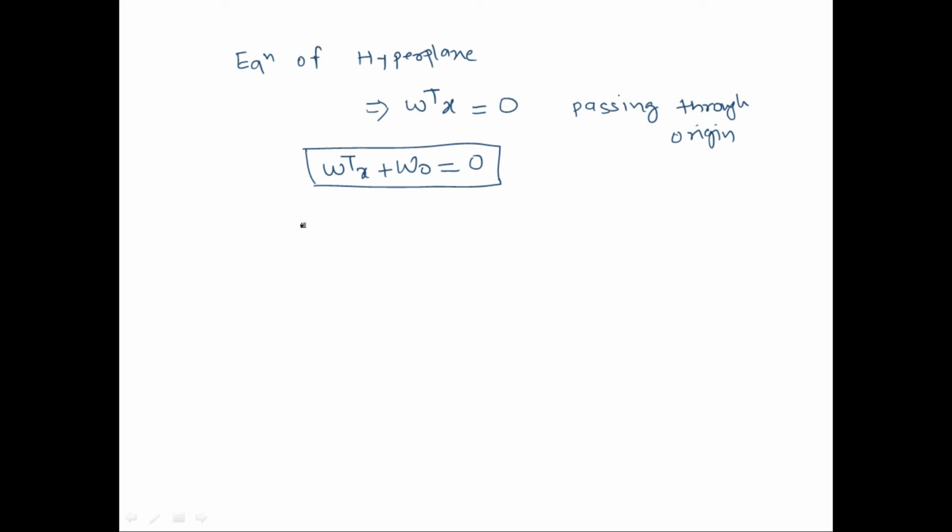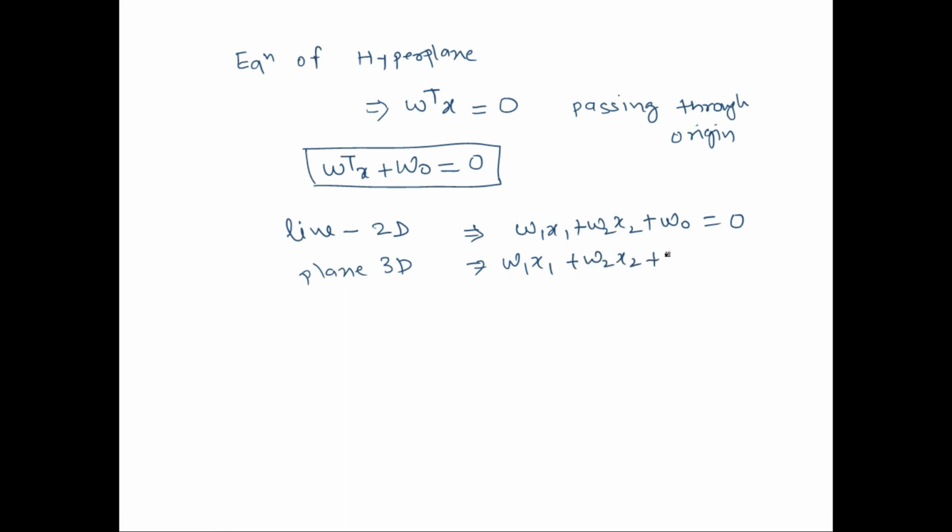So here what we understand is the line in 2 dimensions, and the equation of the line is w1 x1 plus w2 x2 plus w0 equal to 0. And in 3D, the equation of a plane will be w1 x1 plus w2 x2 plus w3 x3 plus w0 equal to 0.